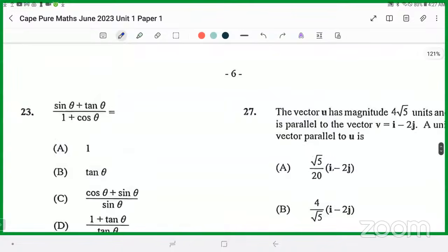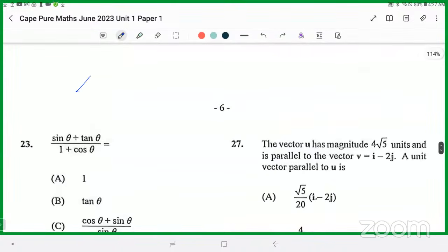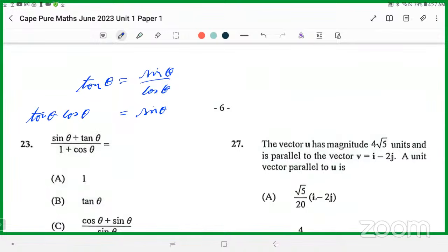Because if tan theta is sine theta over cos theta, then sine theta is tan theta times cos theta. That's why I'm introducing my cos, by replacing this sine theta with this.